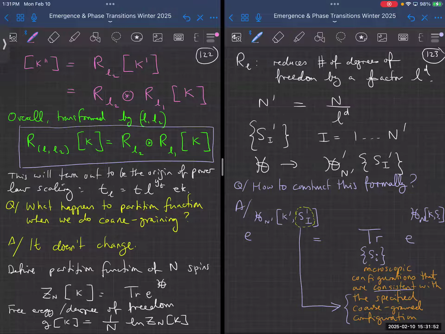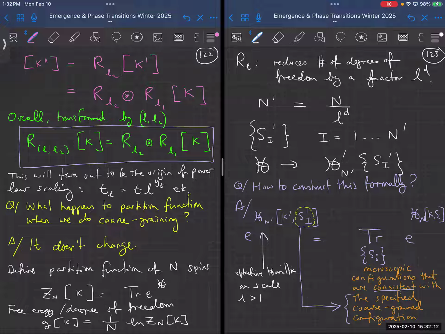And then this over here on the left-hand side, this then is the effective Hamiltonian on scale L, which is greater than 1.